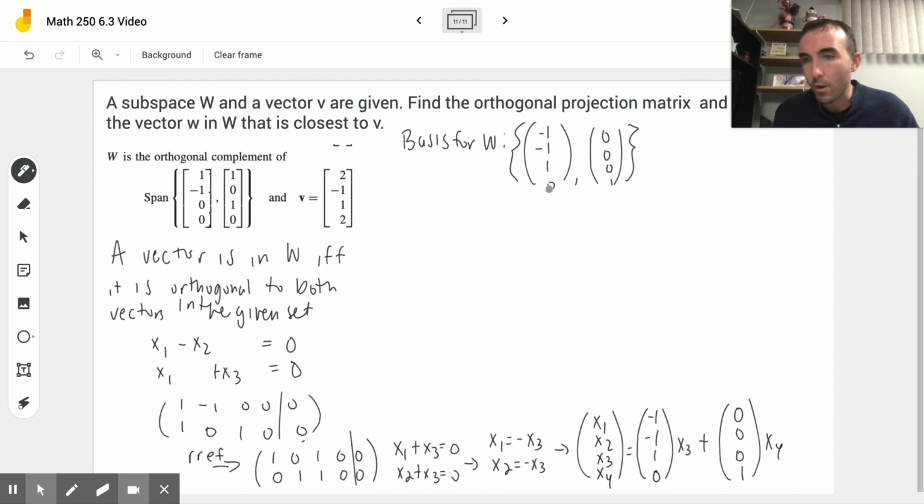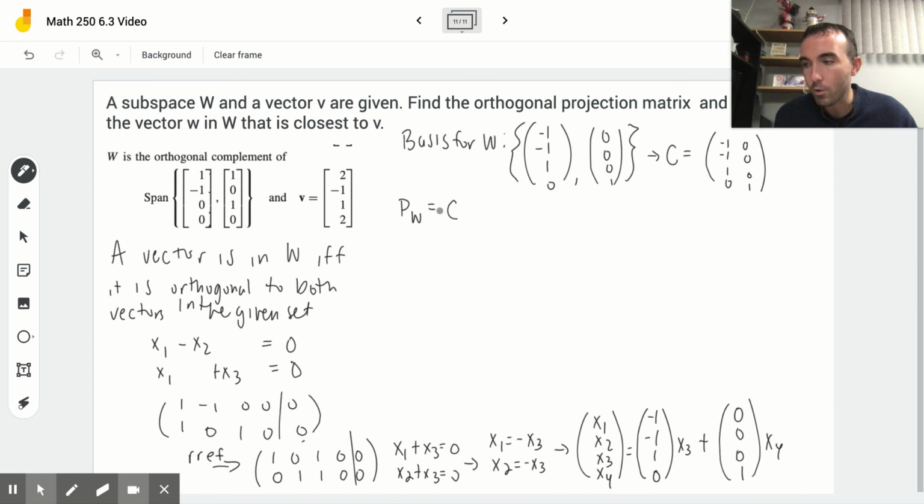So now the question says, find the orthogonal projection matrix. The orthogonal projection matrix is equal to the matrix C, the matrix formed by the columns that are here, so I can just make it a 4x2 matrix.